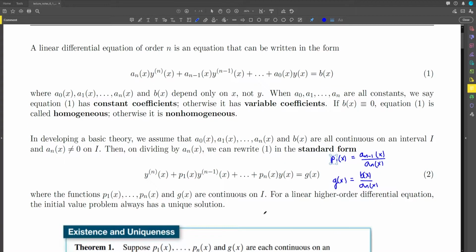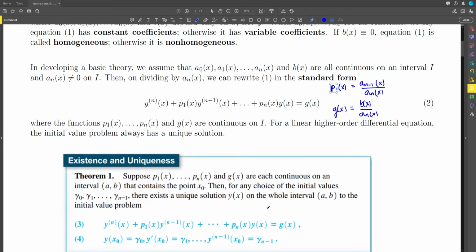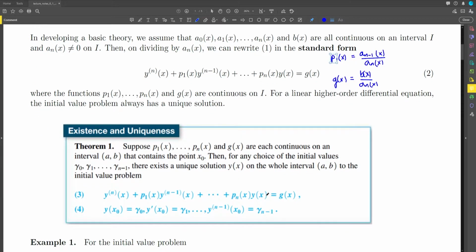We then have the following existence and uniqueness theorem. Suppose that p1 through pn and g are each continuous on an interval a b that contains the point x naught.